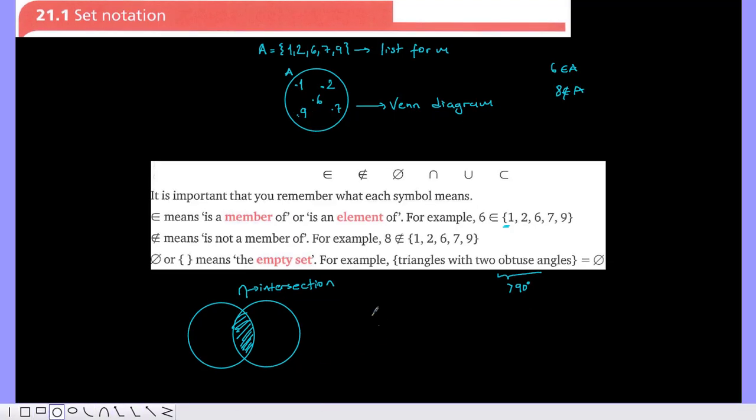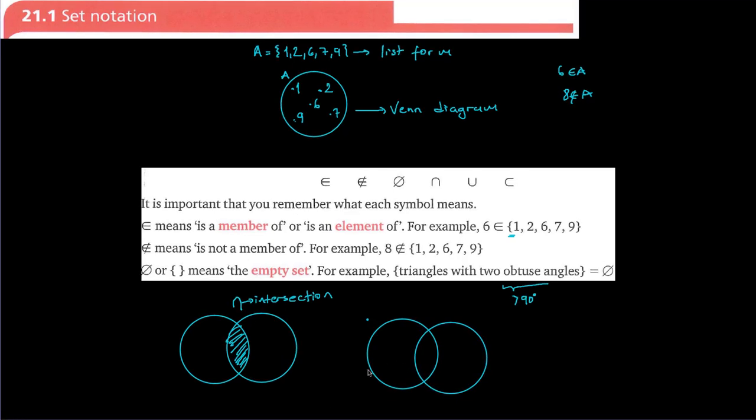The second notation is union. Union, which I'm going to show like this, refers to all parts. Here, this is the union set. And this is the subset.